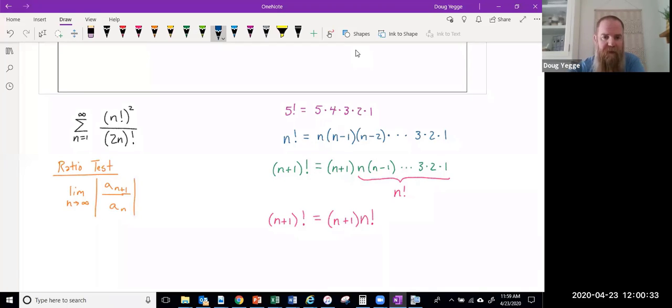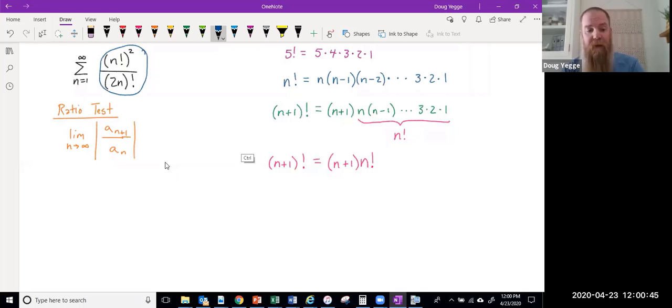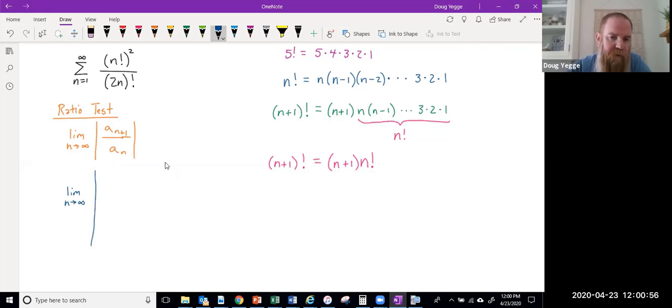All right, well, what that means then is that, again, I'm not looking at the series. All I'm doing is looking at the sequence, and I'm looking at what's happening between the next term and the prior term, right? So in this case right here, I'm just taking the limit as n approaches infinity of the absolute value of, well, let's start off simple and realize that the denominator is just going to be n factorial squared over 2n factorial.